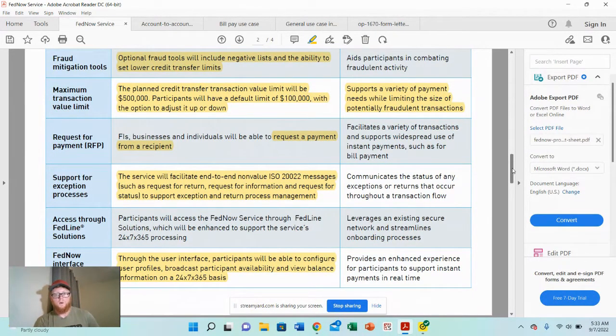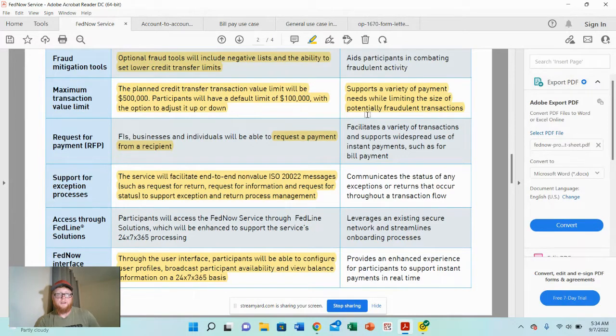And so also there would be a maximum transaction value limit, kind of the price caps I was talking about a second ago. So it seems for planned credit transfer transactions, this will be half a mil, and then participants will have a default limit of 100,000, right? And then an option to adjust it up or down.